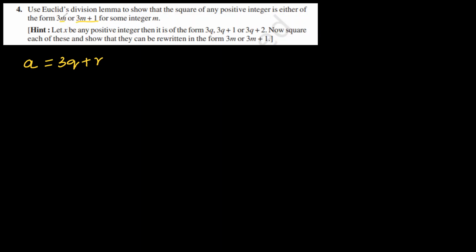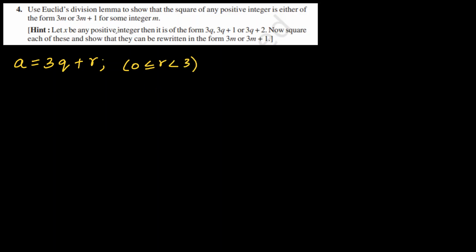In place of b, we have 3. So Euclid's division algorithm is a equal to bq plus r. So that will be a equal to 3q plus r, and the remainder value will be 0, 1 and 2, which is less than the divisor.